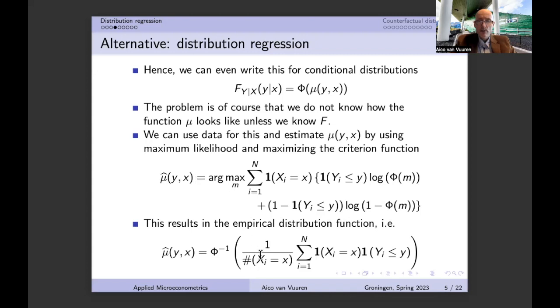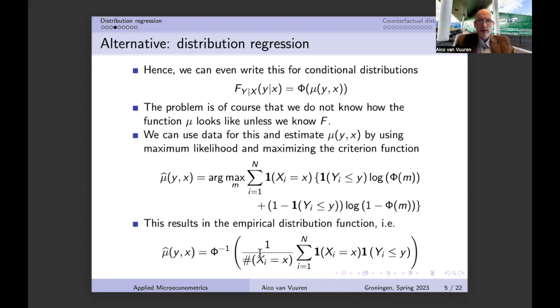Of course, we can substitute this estimator into there in order to get an estimator of our distribution function. Then it's immediately clear that, because we have the inverse here and the standard normal distribution function itself there, these two are going to cancel, and the only thing that we're left with is this thing within the parentheses.